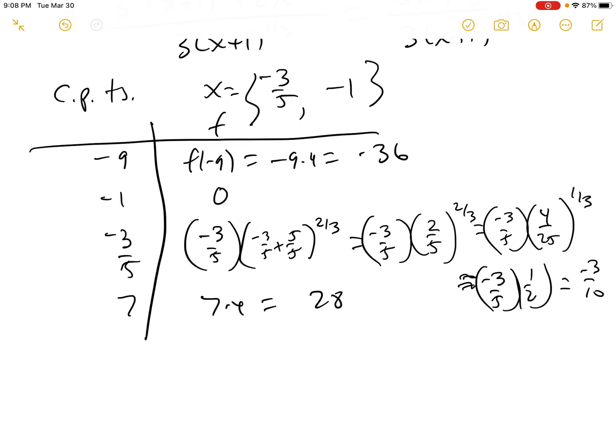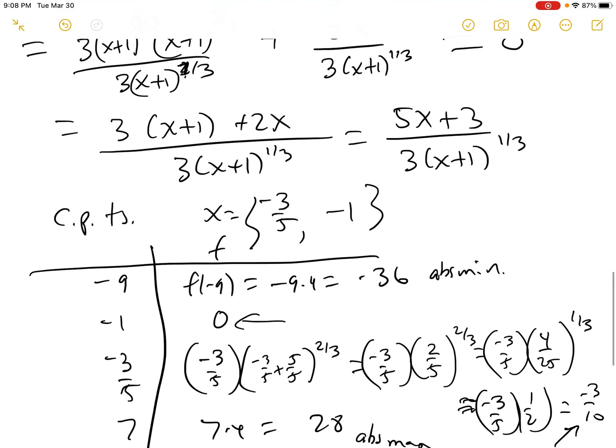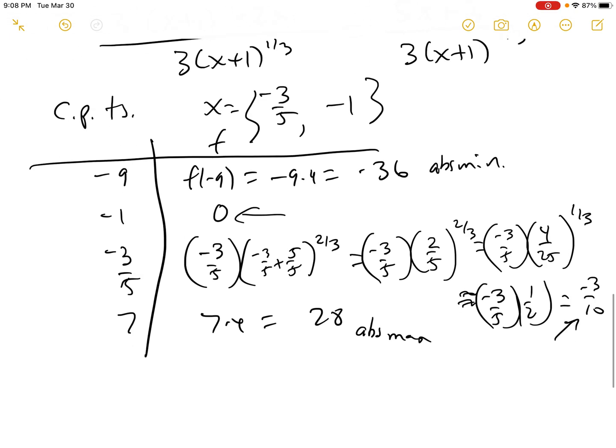Okay. So this is clearly the absolute max, absolute min, and to figure out what this guy is and what this guy is, we really do have to make a graph of this thing.